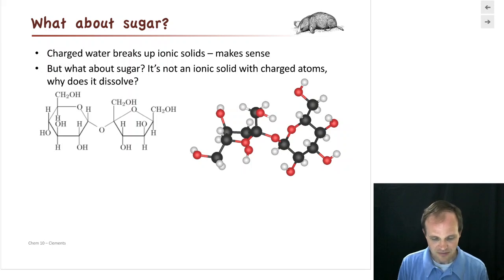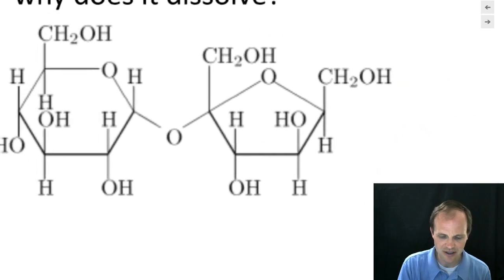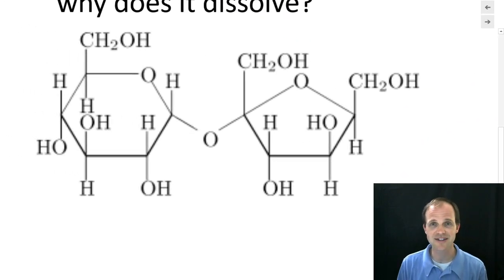And so why would this one dissolve in water? I'm going to tell you, and you can just trust me on this one. You can Google it if you don't trust me, that when sugar dissolves in water, it does not make ions. There's no positive part of the sugar and negative part of the sugar that break apart for water to come and look at. So how can a water molecule look at this sugar molecule and convince it to go away from another sugar molecule?